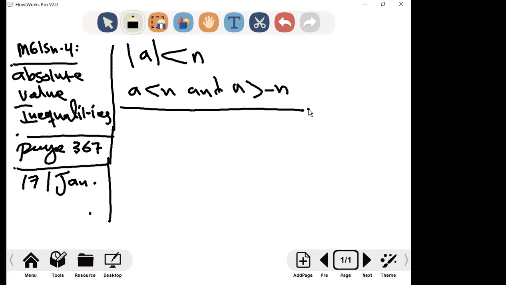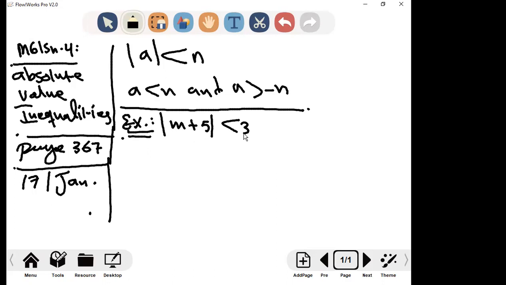Example: if we solve the absolute value of n plus 5 less than 3, now A is n plus 5 and n here is 3.